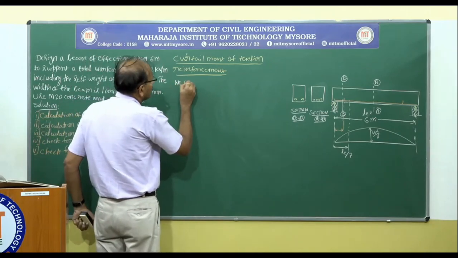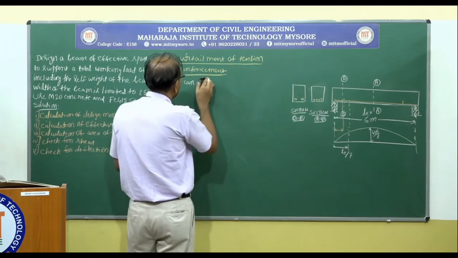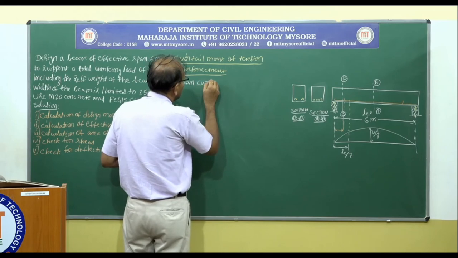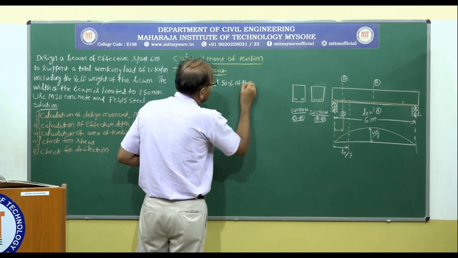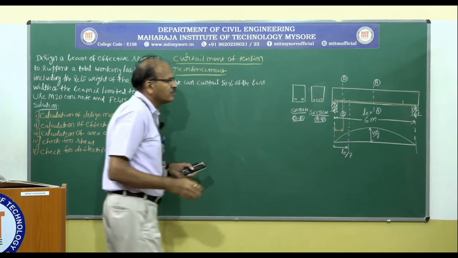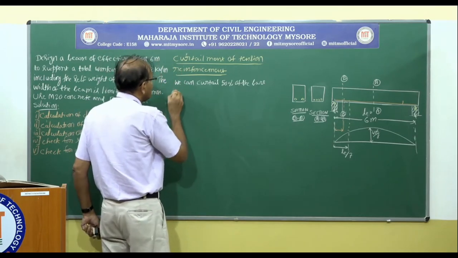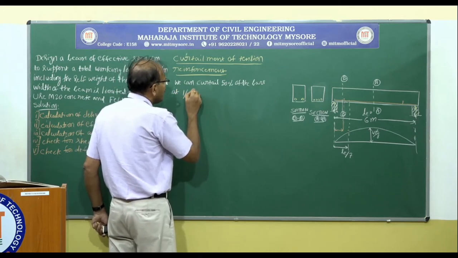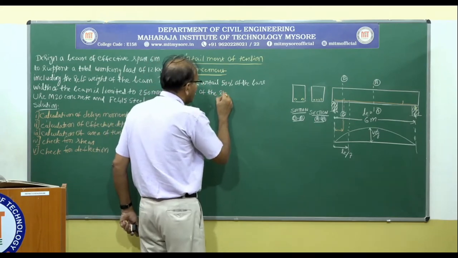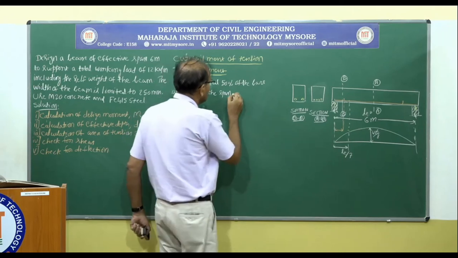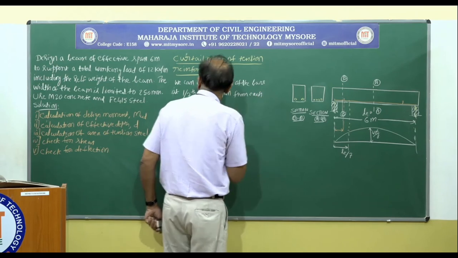So we can curtail 50% of the bars at 1/7 of the span from each support.